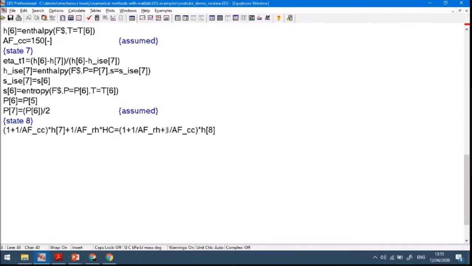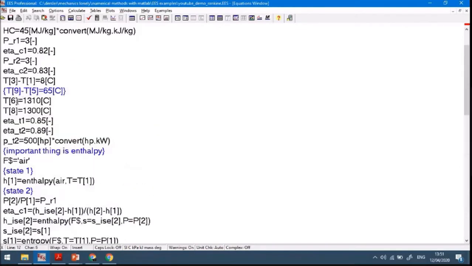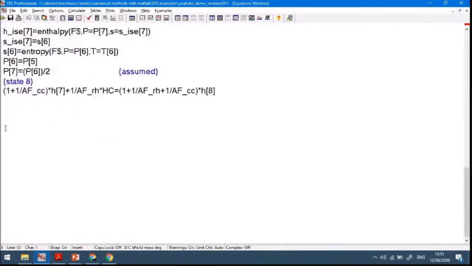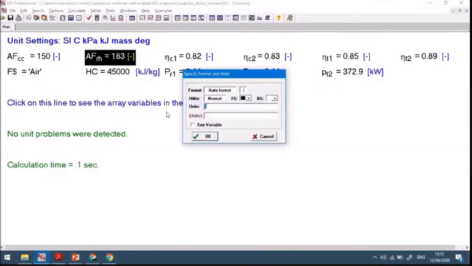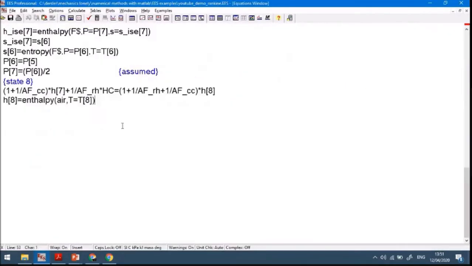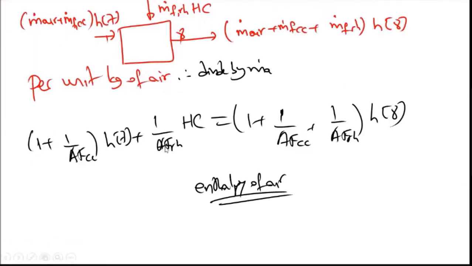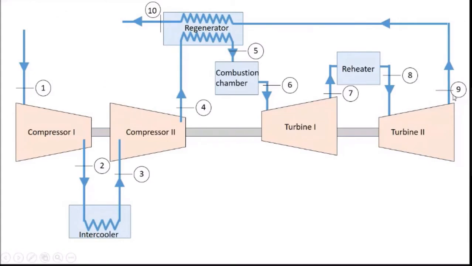For this one we have two unknowns, but the temperature at 8 is known, so I can write H at 8 will be enthalpy of air at T8. We know the temperature and then we can find the unknowns here. Enthalpy of reheater is 183. Again, this is assumed, we will correct it. Good. And let's go back to 9.